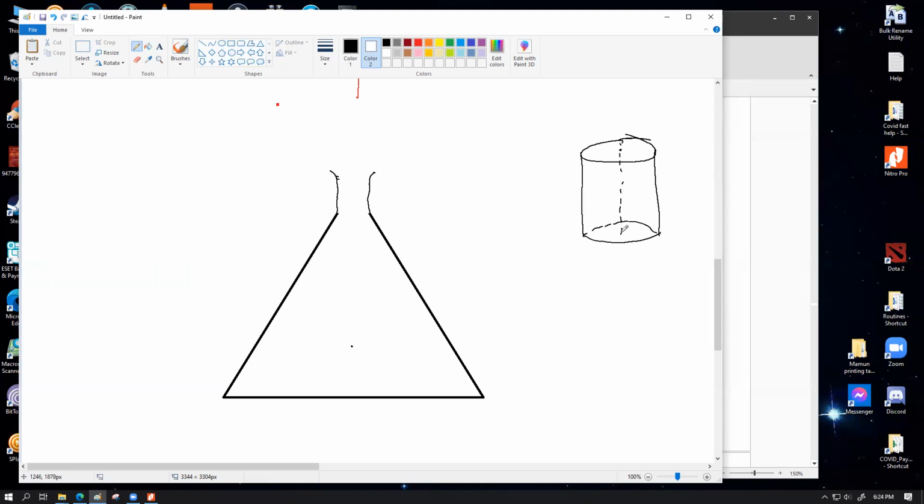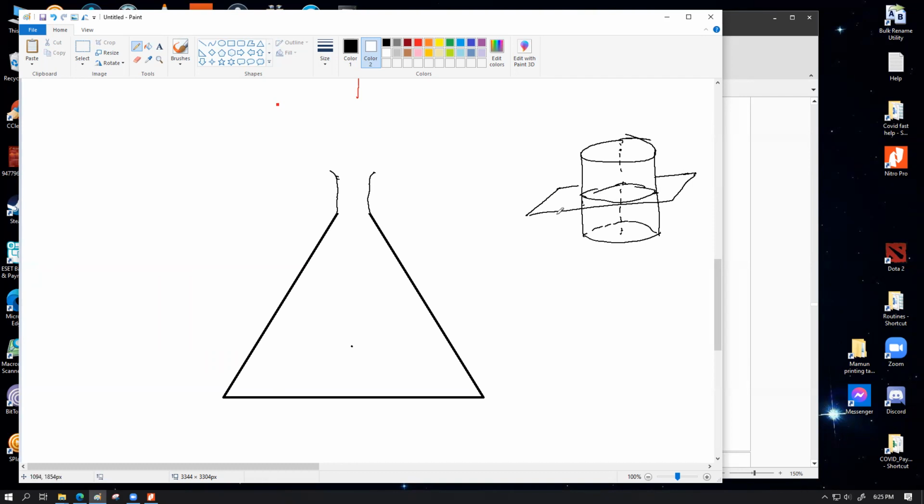For example, if this is the axis of a cylinder, and if you cut off the cylinder along a plane like this, and you make a section like that, this is what we mean by cross section. So when the object is cut perpendicular to its axis, that's called cross section.